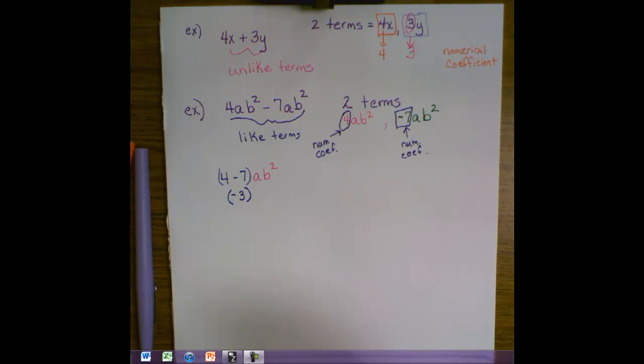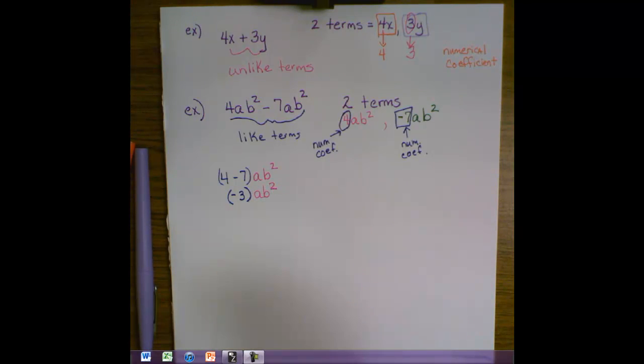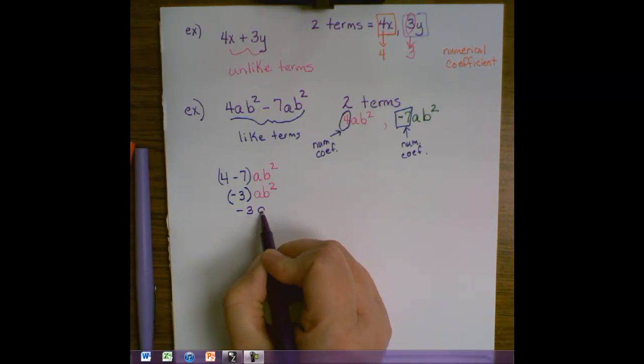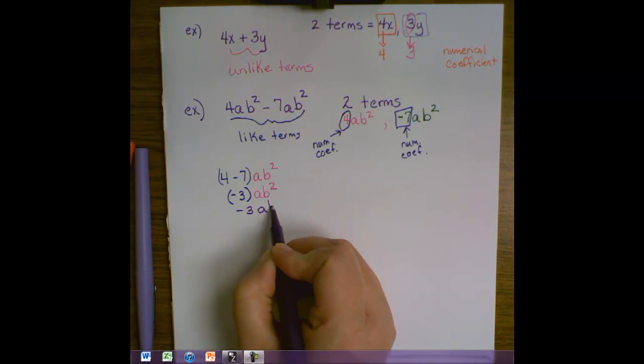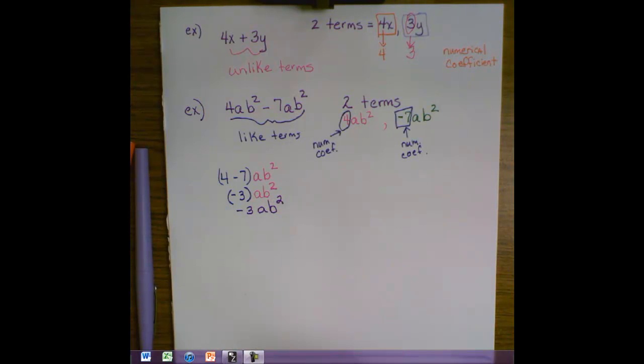So that'd be negative 3. And then the variable part stays the same. And then we can just write that out as negative 3ab squared.